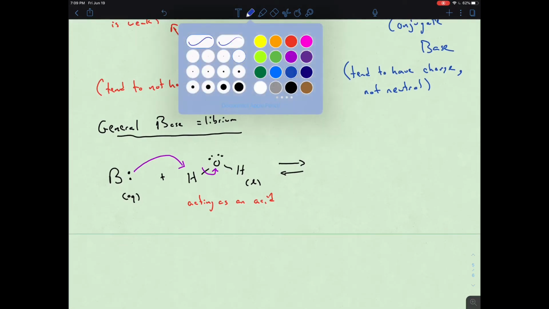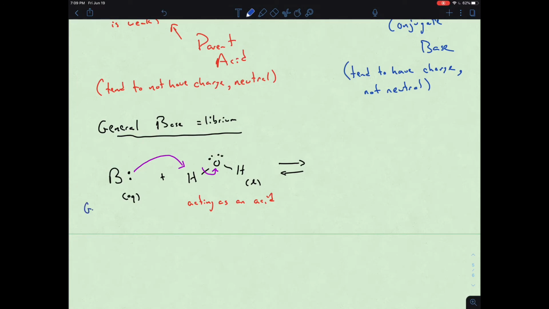Our B is our general base. Alright, so it's using its lone pair to accept a proton, and then that generates the base with the proton on.